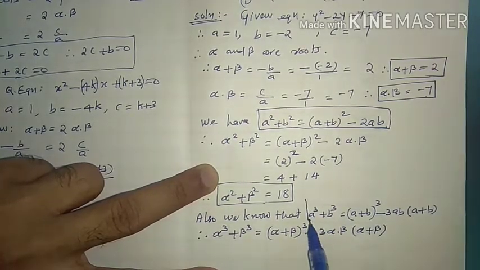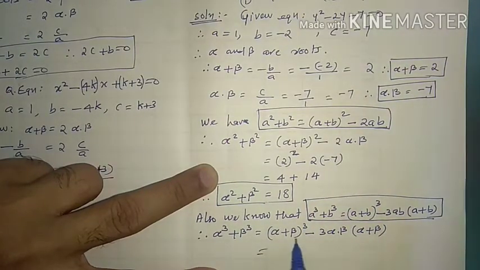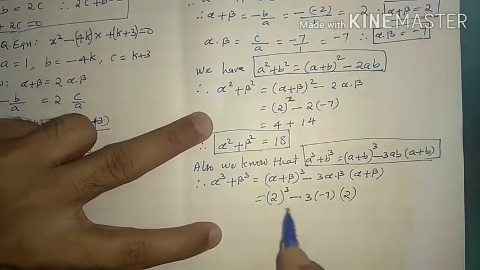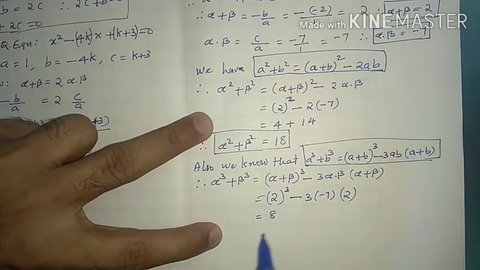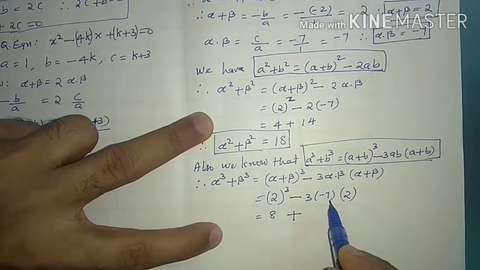Here the formula you have to remember is this. Alpha plus beta we have 2, the whole cube, minus 3 into alpha into beta, minus 7, into alpha plus beta, 2. 2 cube is 8, minus into minus plus, 3 sevens are 21.